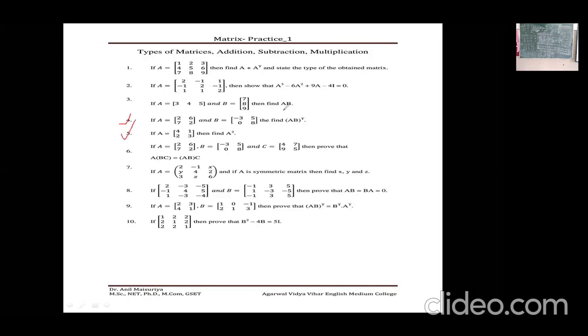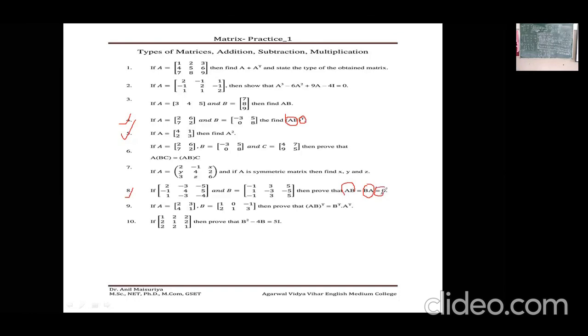Now see, in question number 4, first you have to find this bracket A into B, and after finding A into B, just transform rows into columns, that you will get the transpose. Then you have to solve question number 8, that is here you have to find A into B. Again you have to find B into A, that is first B and second A, and you have to prove whether the answer is 0 or not.